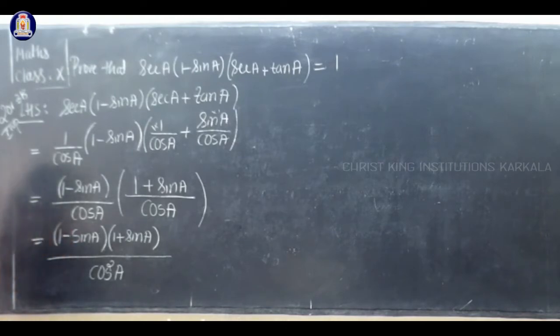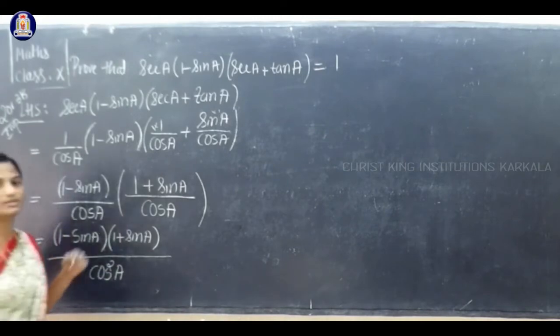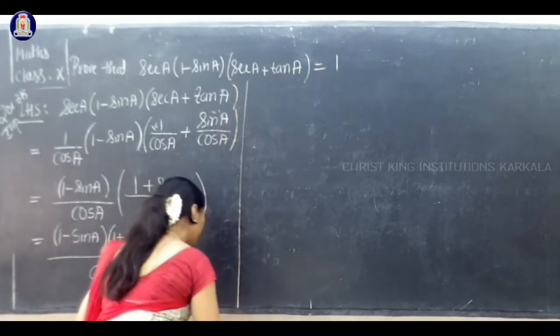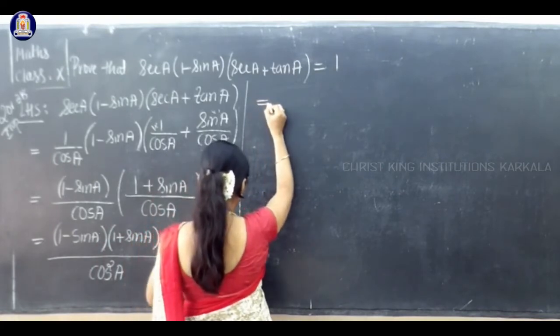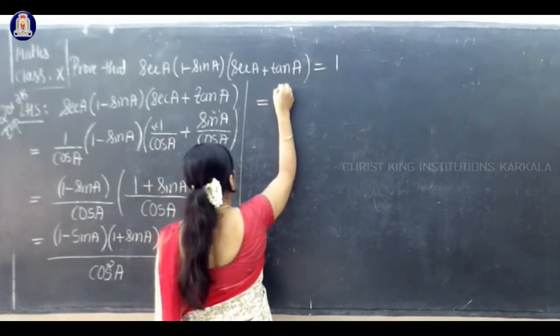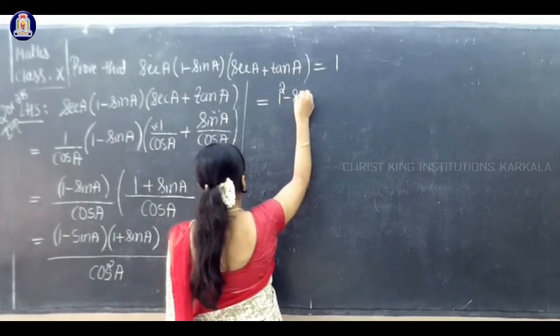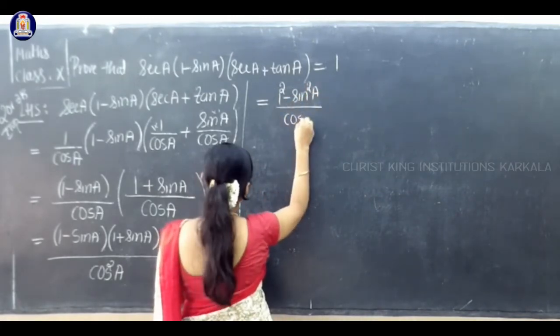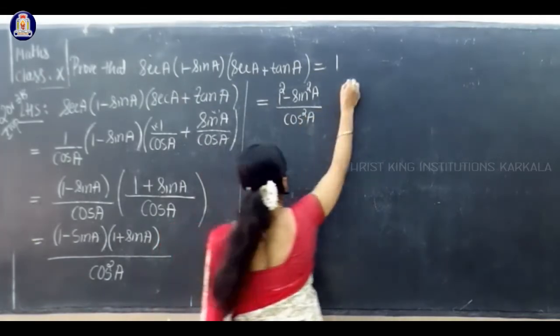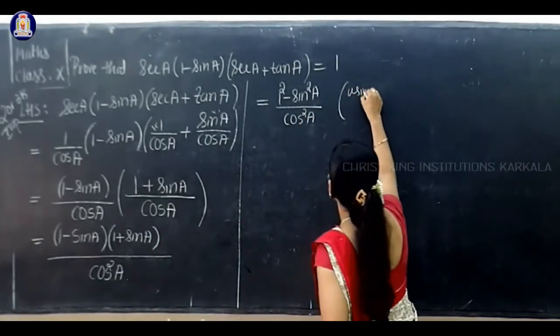You can identify now, right? 1, this is also 1. Sin, this is also sin. Here is minus, here is plus. Means which formula here? A plus B, A minus B. So that is equal to what? A square minus B square. So 1 square minus sin square A divided by cos square A. By using which formula here?